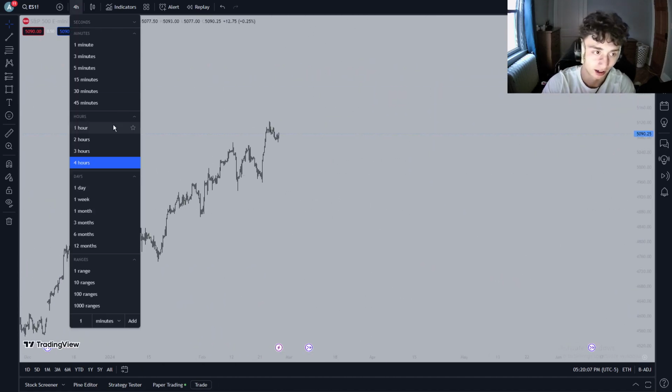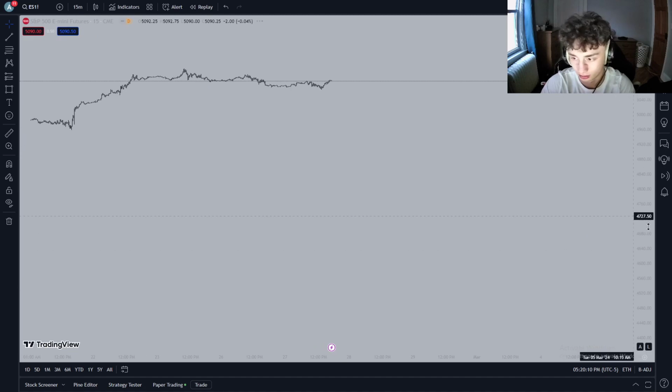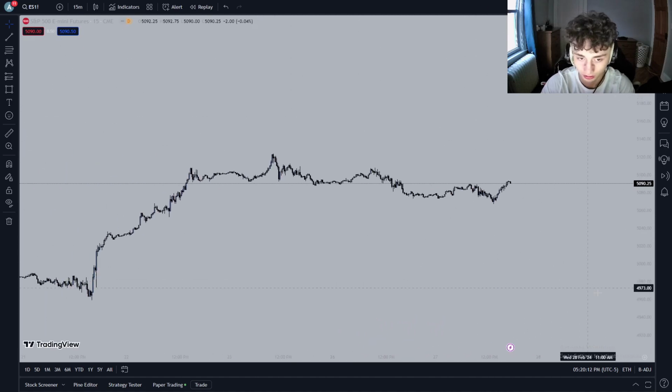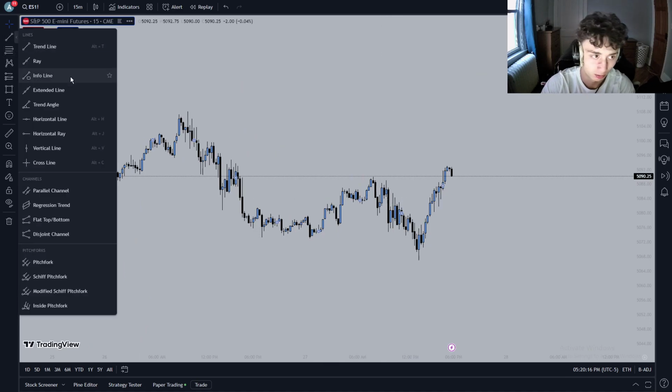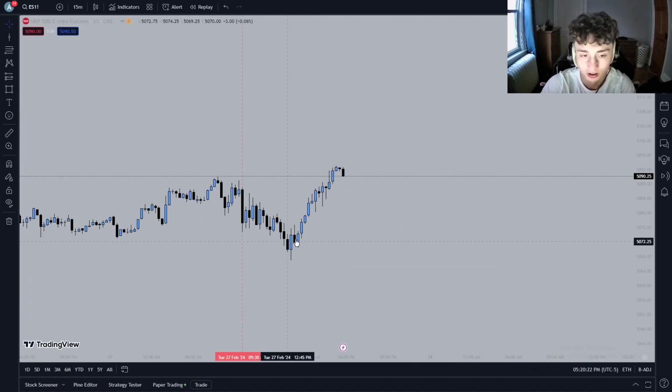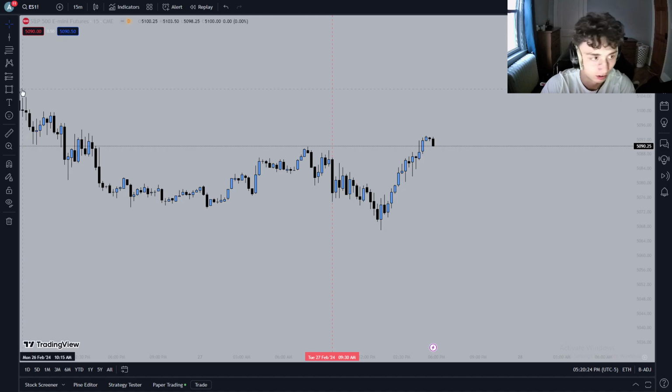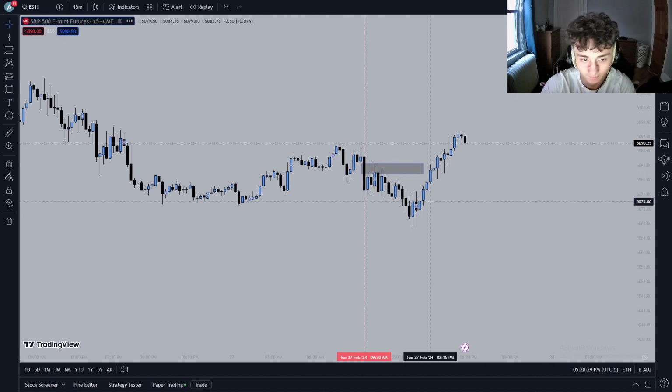For example, today. Today I took a trade and it was a successful trade. And right here, boom, market open, 9:30. Let me find it. Where's the vertical ray? Right here. So market opened right here at 9:30. I had this 15-minute imbalance that it was playing inside of.